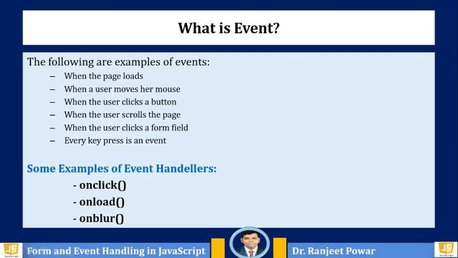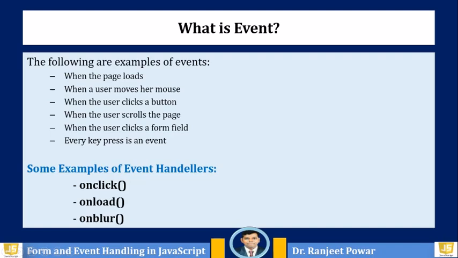Then the question is, what is an event? JavaScript events are actions that happen on their own. The events are happening all the time. JavaScript simply listens for the one you specify, and then you can take some action.